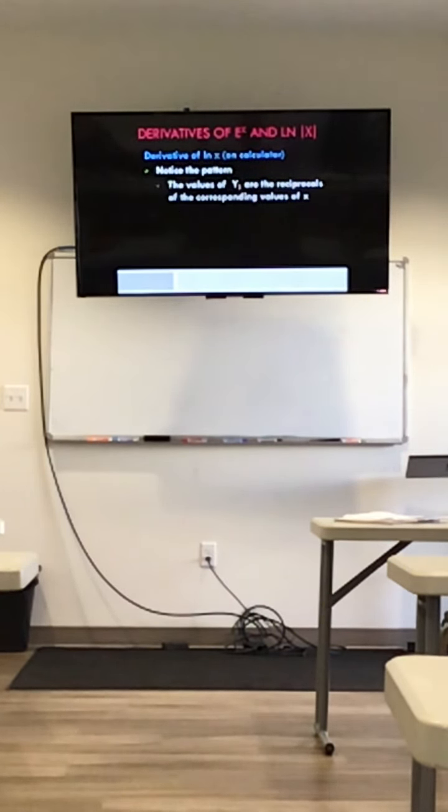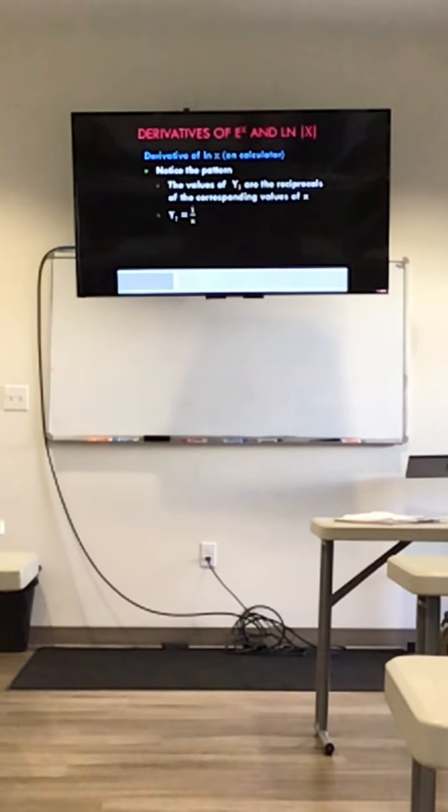Again, the derivative formula says to take the original function, replace it with x plus delta x, but we're using h on our calculator, subtract the original function, that's what we did in the numerator, and then we're dividing by delta x, but again, we're using h on our question here. So we've noticed that the y1 are all of the x's flipped upside down. They are the reciprocals.